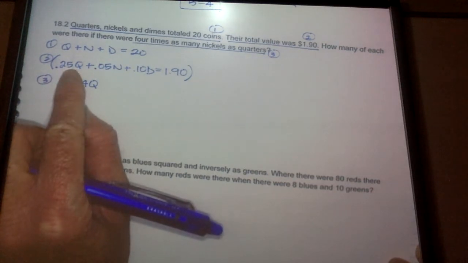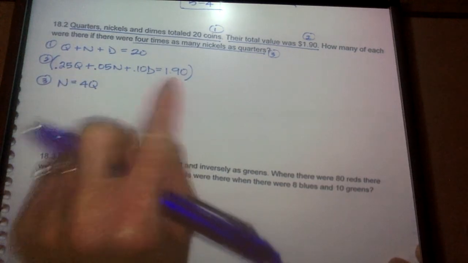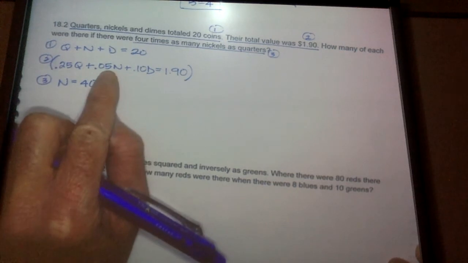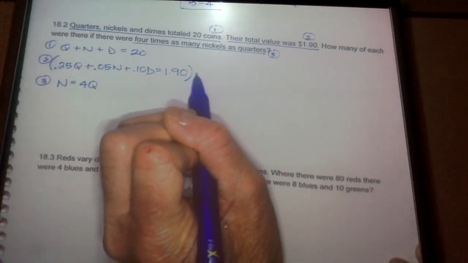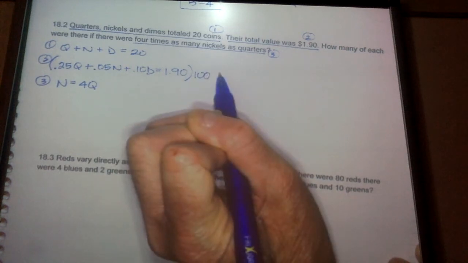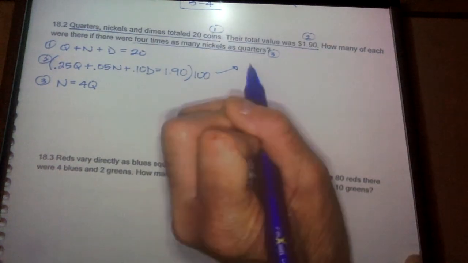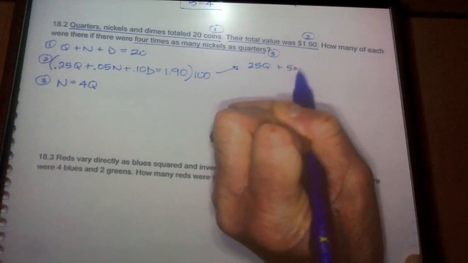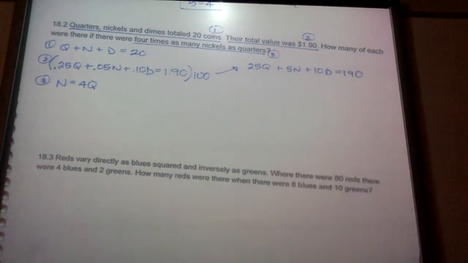Because I have numbers in the hundredths place, I'm going to multiply by 100, and I'll write my new equation here. When I multiply by 100, I just move the decimal 2 places over. That gives me 25 quarters plus 5 nickels plus 10 dimes equals 190. Much easier to deal with.